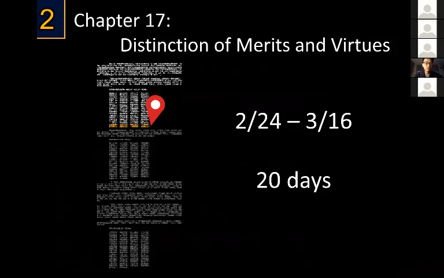There's also a translation in some other literature that says discrimination of merits and virtues, which actually is okay too. Though personally, I thought, because discrimination has somewhat of a negative connotation to it, although it also has the other meaning, that is to differentiate.